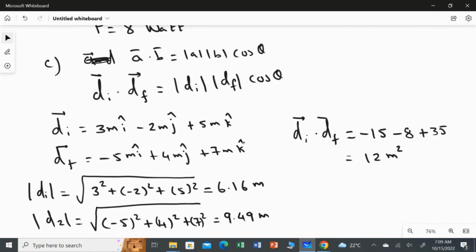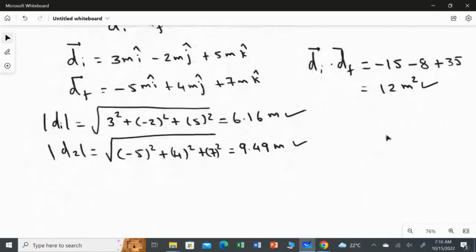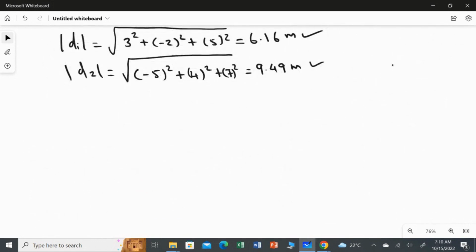Now I'm going to substitute this value and this value in this formula. Clear? So once again I will write the formula, because we are going to find the value of the angle. We write di vector dot df vector, which is equal to magnitude of di multiplied by magnitude of d final multiplied by cosine theta, and we are going to find the value of theta.